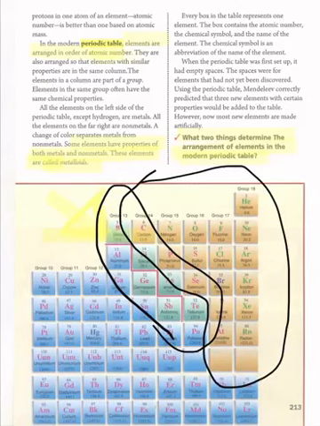By atomic number, and by similar properties too. There are two things that determine the arrangement of elements: atomic number and similar properties.